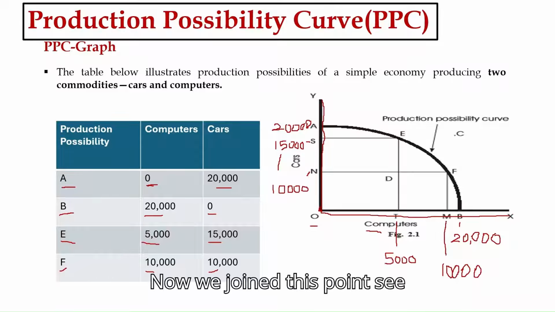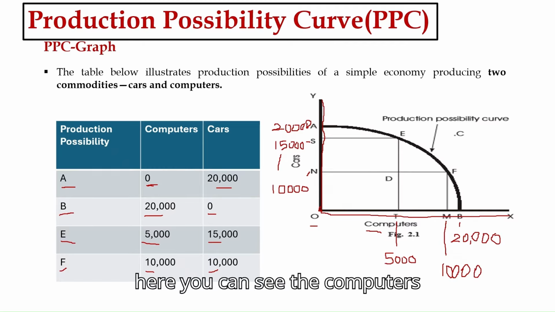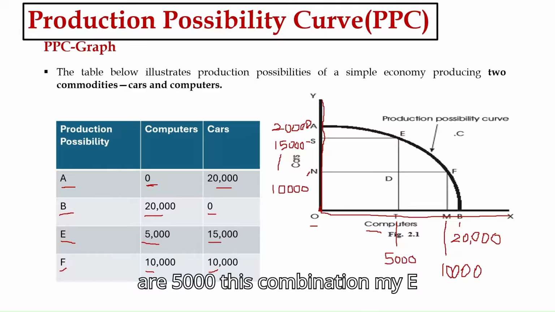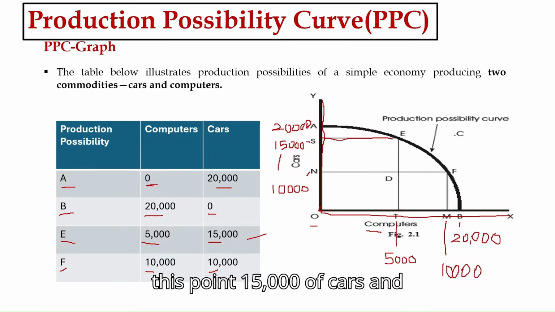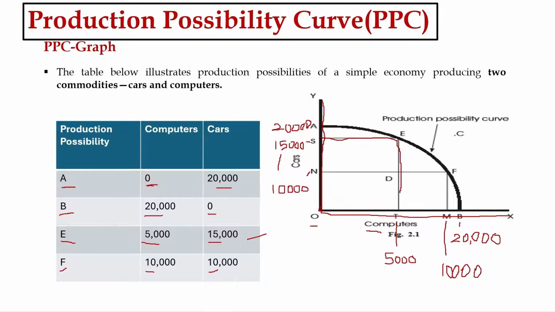Now we join these points. This is S, meaning the computers are 5,000 at combination E. We will join this point: 15,000 of cars and 5,000 of computers.